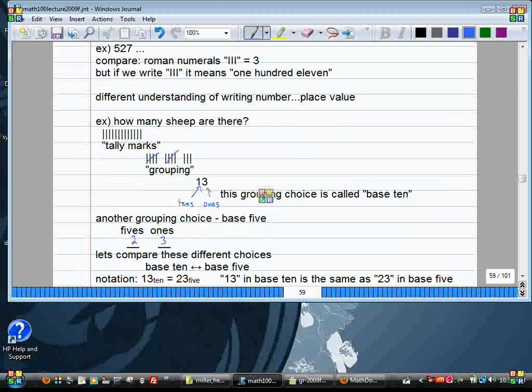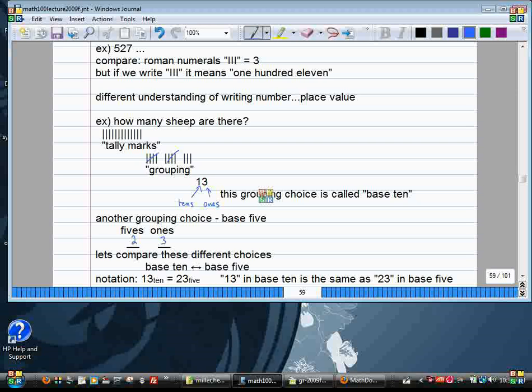Now also notice that when you talk about base 5, we use the word 5, F-I-V-E, because you don't want to write down the number 5, because we're no longer sure what the number 5 means in our new world of talking about different bases. So if we write down the word 5, we'll just assume that it's the 5 that we're always used to, that we know what it means.